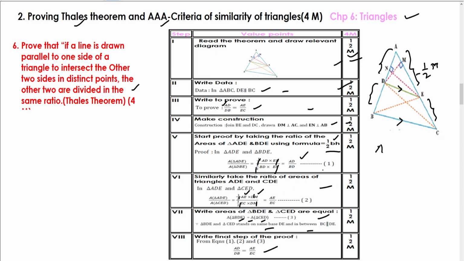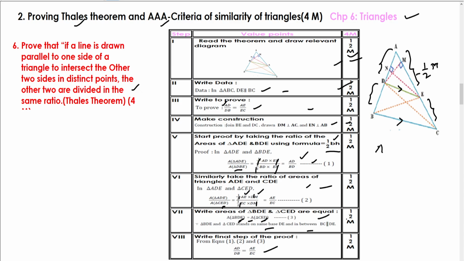Now observe that in equations 1 and 2, observe the denominator: triangle DBE and triangle CED. Observe that both of them are standing on the same base and between two parallel lines. You studied that in the 9th standard. Triangles standing on the same base and between the same parallels have equal areas. Therefore, the areas of triangles BDE and CED are not different.